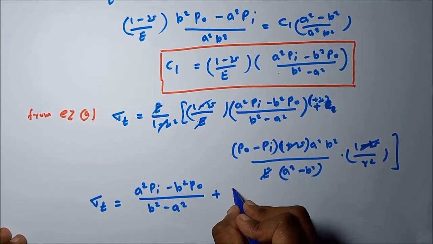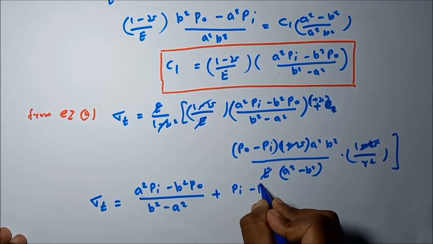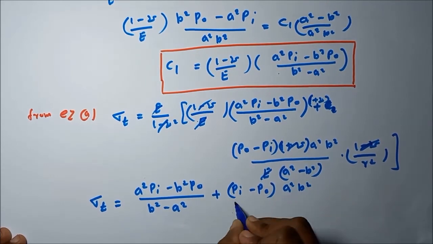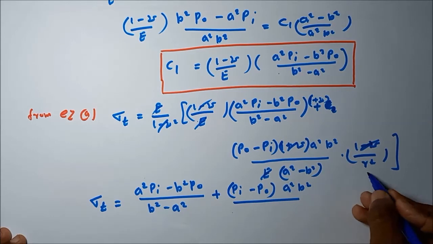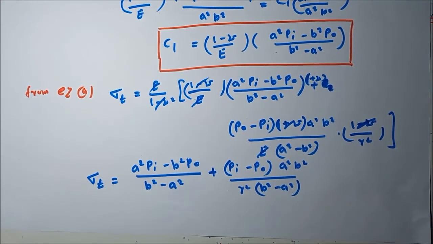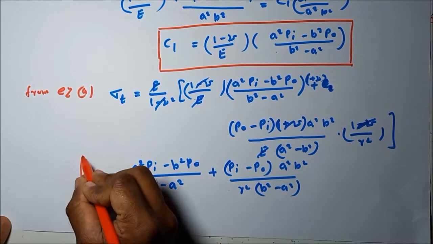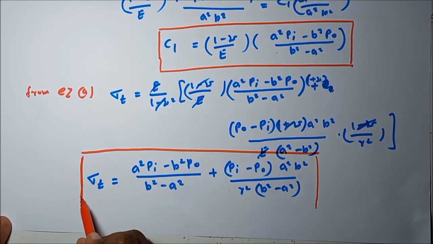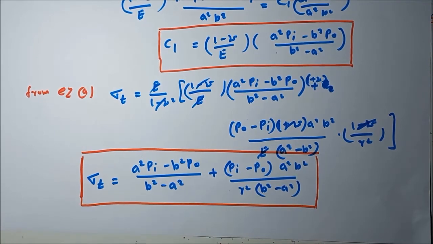Then we get (pi minus po) a square b square divided by r square (b square minus a square). This is the equation we obtain for sigma t.